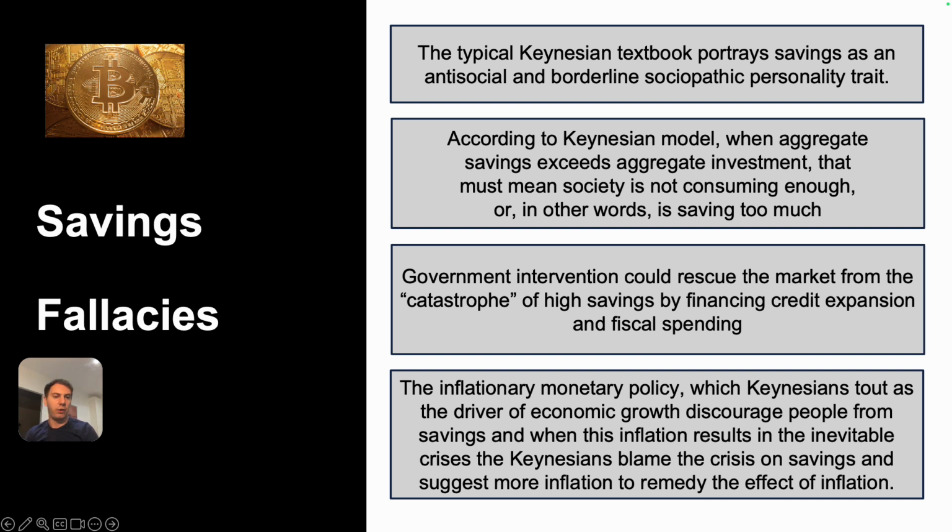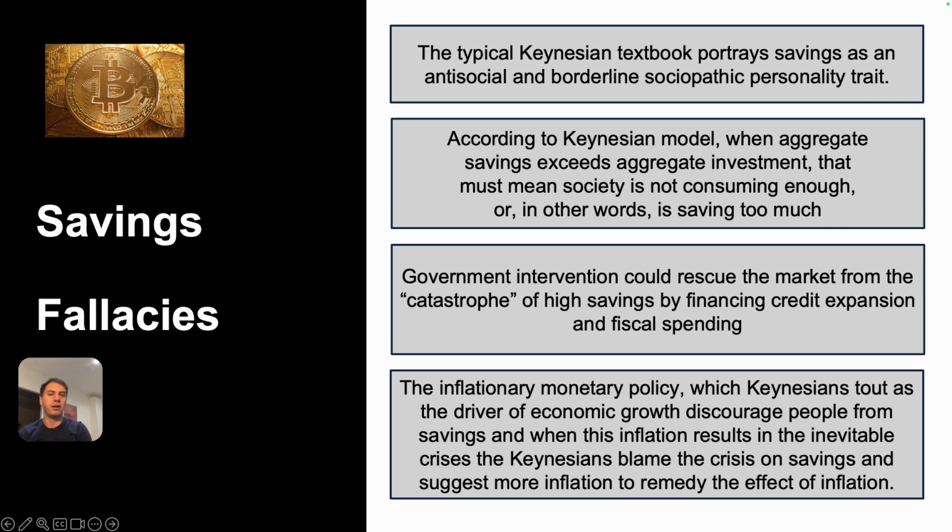Under the Keynesian model, when people decide to stop spending and instead save and hold on to cash, the economy slows, causing widespread unemployment and bankruptcies. According to Keynesians, only the omnipotent and omniscient hand of coercive government intervention could rescue the market from the catastrophe that low time preference savers had inflicted upon it, providing for the future at the expense of the present.